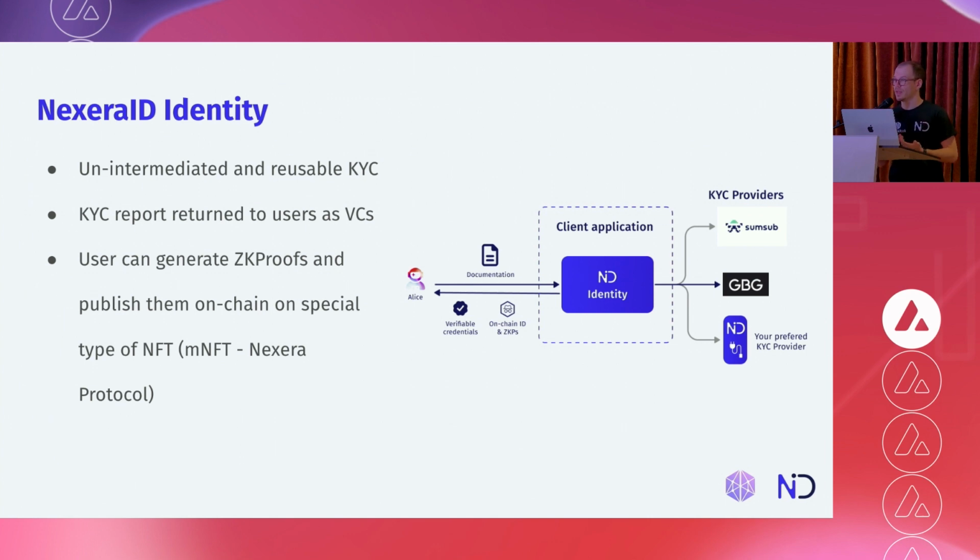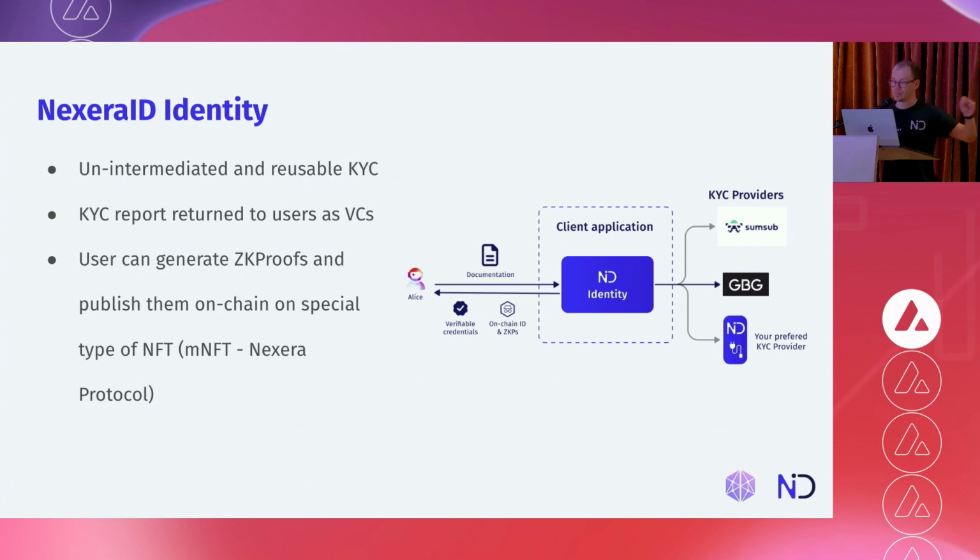But the twist is that instead of the KYC provider keeping the KYC report of the user and/or submitting it to the client application, the KYC provider returns the data directly to the user, and only the user can hold that data.